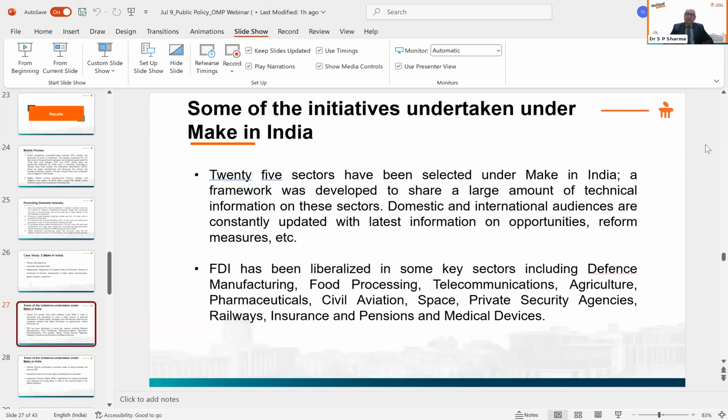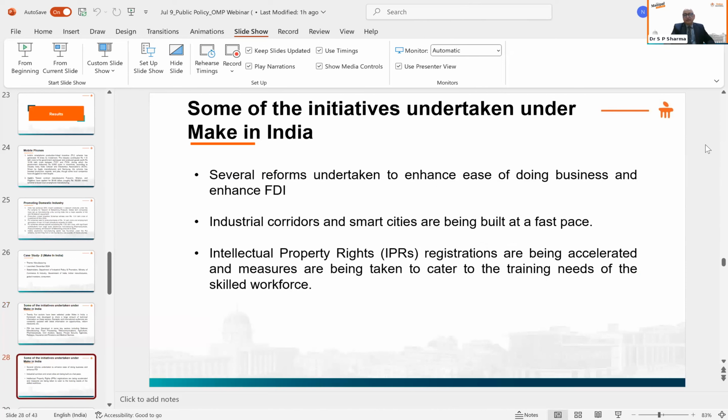So the Make in India scheme was provided to support all the manufacturing processes and to enhance the ease of doing business for the manufacturers in India, particularly for the MSMEs. They reduced the compliances for the MSMEs and supported the trajectory of ease of doing business. And we also improved significantly in the ease of doing business segment.